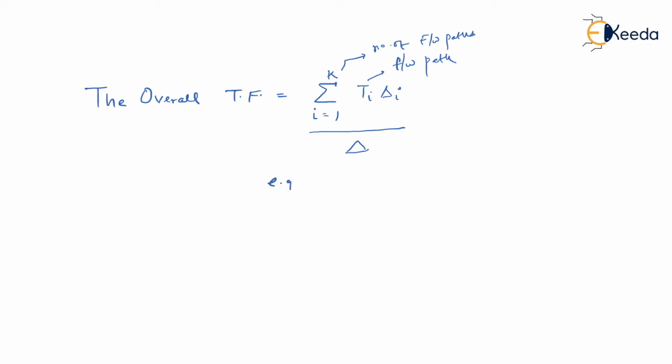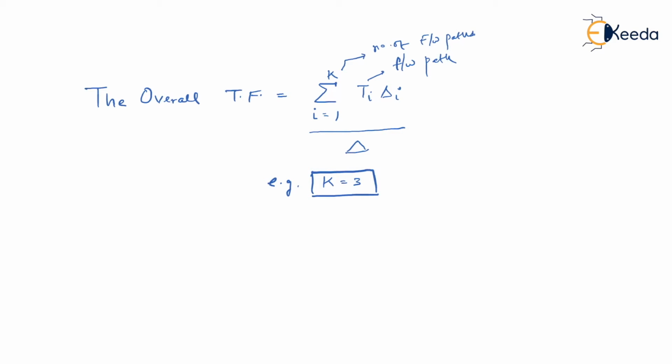For example, let's say k value is equal to 3. What is meant by k? K stands for the total number of forward paths. From the given SFG, we can identify very easily how many possible forward paths are there.